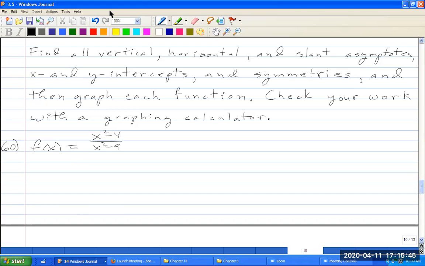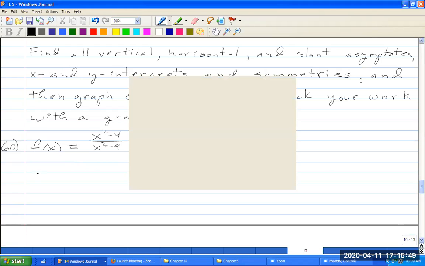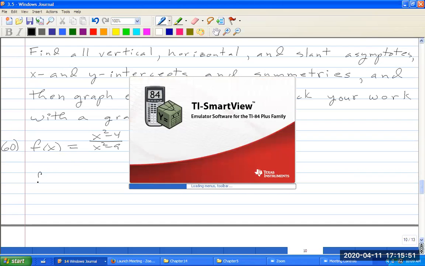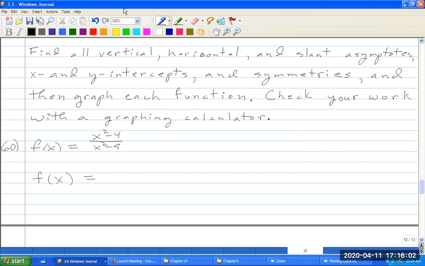So first, before I even start to sketch the graph of this, let me factor both the numerator and denominator. Please get out of the way. Okay, thank you. So this is the difference of squares.